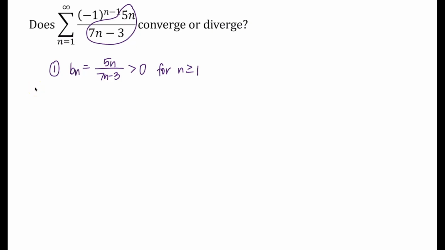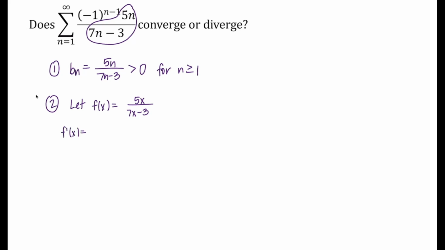The second condition, we are going to have to use a derivative, just like the last example, because the numerator is a function of n, and it won't be a clear-cut direct comparison. So in order to show that b sub n is decreasing, we're going to go ahead and let f of x equal 5x over 7x minus 3 be the corresponding continuous function, and we're going to find the derivative.